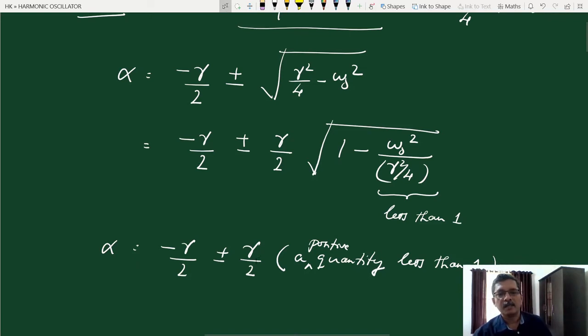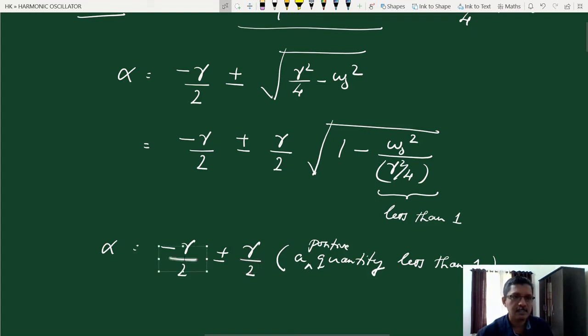So you are multiplying gamma by 2 with a positive quantity less than 1. This term will be gamma by 2 into something like 0.1, so it will be less than gamma by 2.